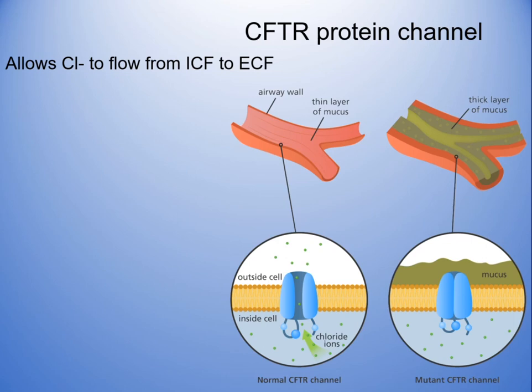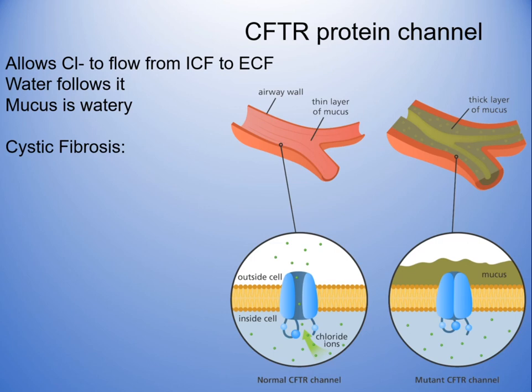Chloride ions are flowing from the inside to the outside of the cell. And guess what follows the ions? Water follows them. And what this does is it makes a watery mucus lining your trachea, lungs, bronchi, and any open cavity, right? This mucus is watery, and it's really easy for it to have movement, and this is the way it's supposed to be.